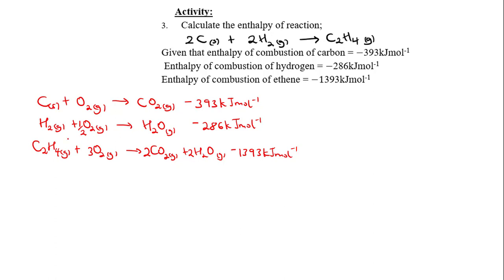Now we need to try and arrange this last equation where we have our ethane to try and produce this ethane. All we have to do is to reverse this equation. So we are going to reverse this equation, and we shall have 2 molecules of carbon dioxide with 2 molecules of water.